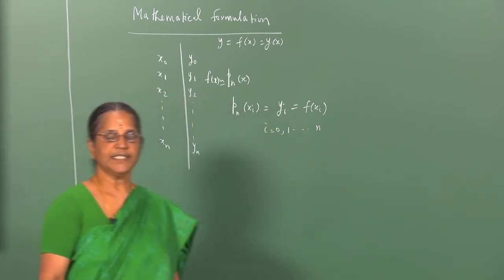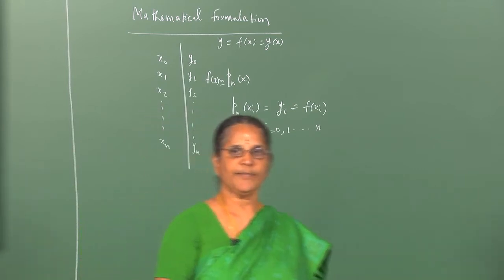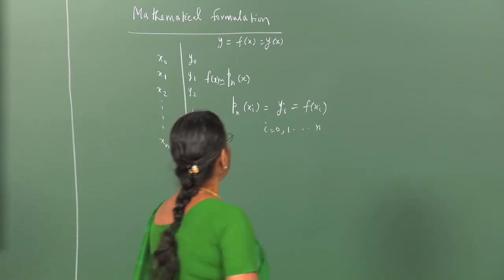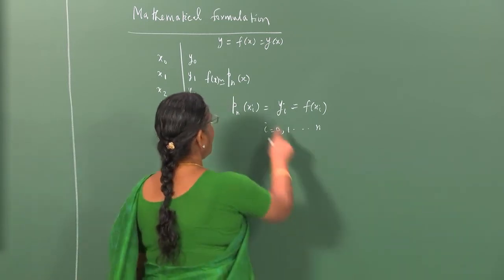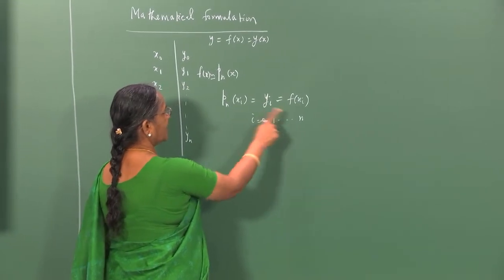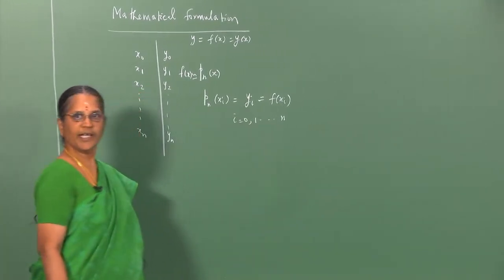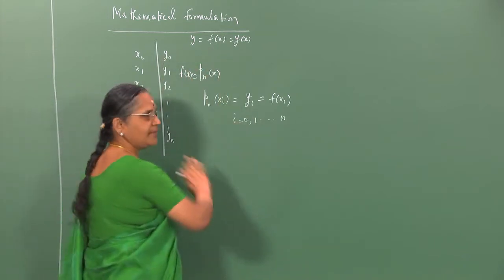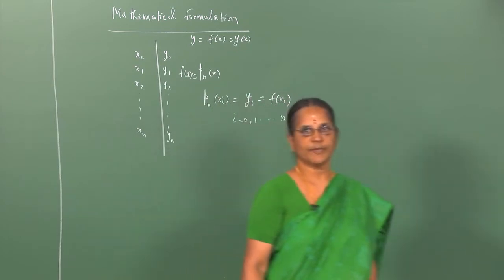So, the problem is to seek a polynomial pn of x of lowest degree possible that interpolates the function f of x at a set of discrete points such that pn of xi is yi for i equal to 0 to n. So, this is the problem that we would like to address now.